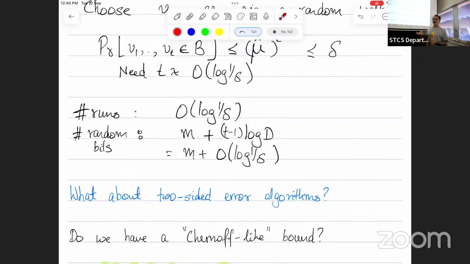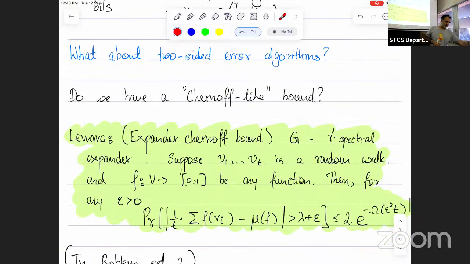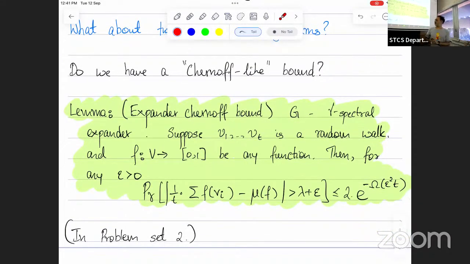So a natural question to ask is, even in expander random walks, are there really these Chernoff-like bounds? And it turns out there is. You will see this in problem set 2, or if you want, Vadhan's manuscript actually has a full proof of this. So let's just parse this statement. This is often called the expander Chernoff bound.